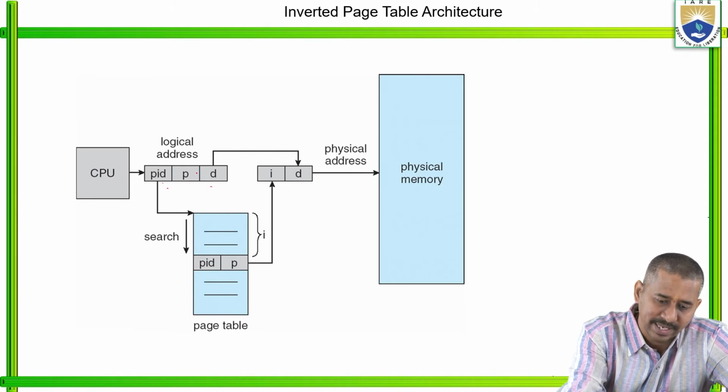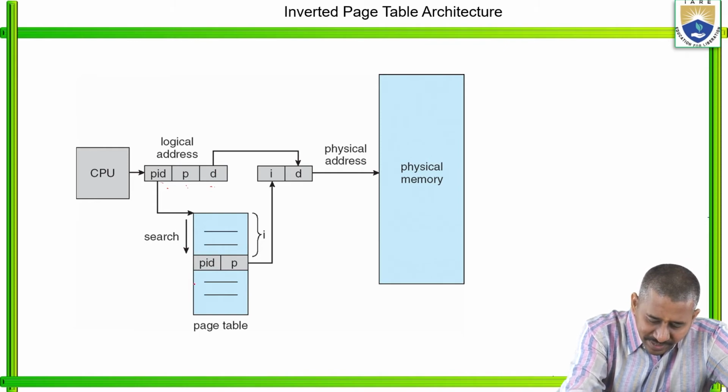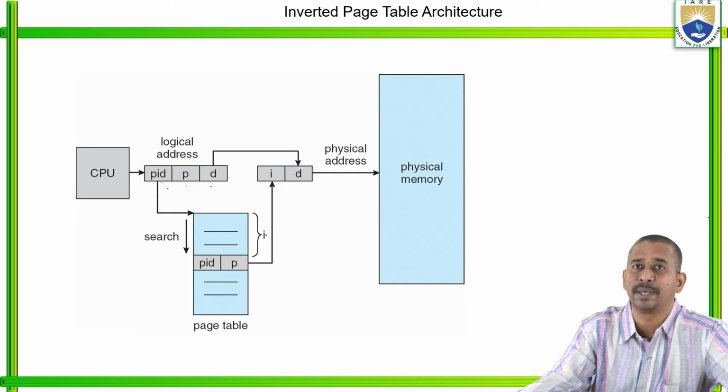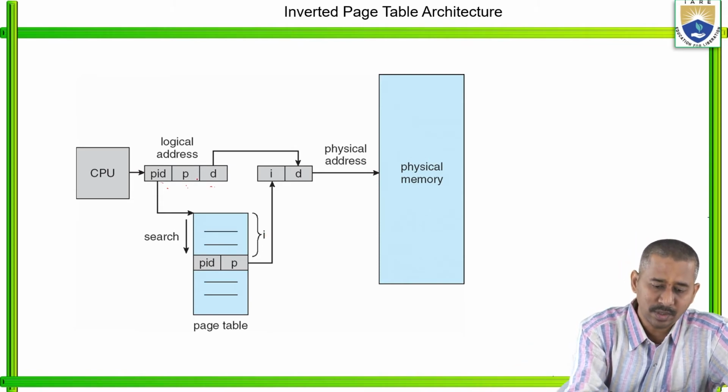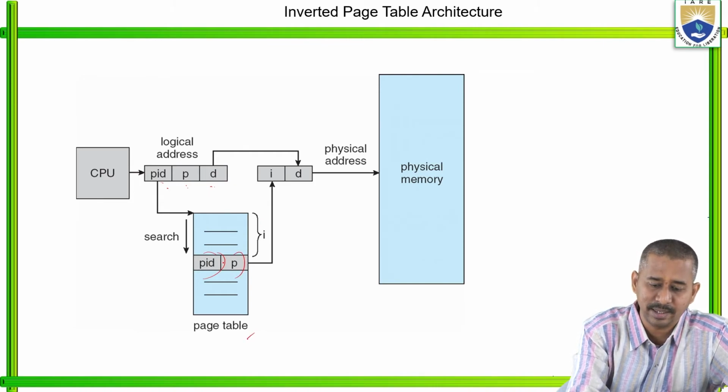So we have process ID, page number and page displacement. There is one entry for each virtual page number and real page of that memory. So there is one entry with a process ID and page number, and we need to find out this particular element i.